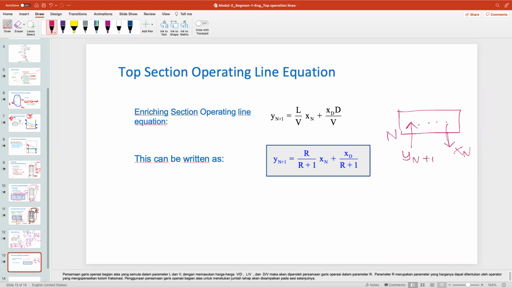You can have the correlation between y n plus 1 and x n in the tray n. That means if you know the composition of the liquid leaving the tray, you can predict the composition of the vapor that goes into the tray. Okay, this is the top operating line.